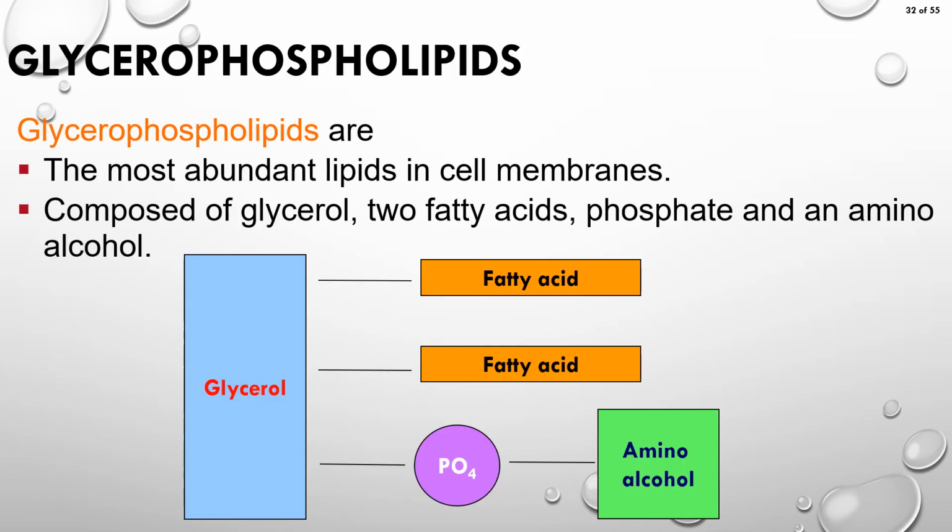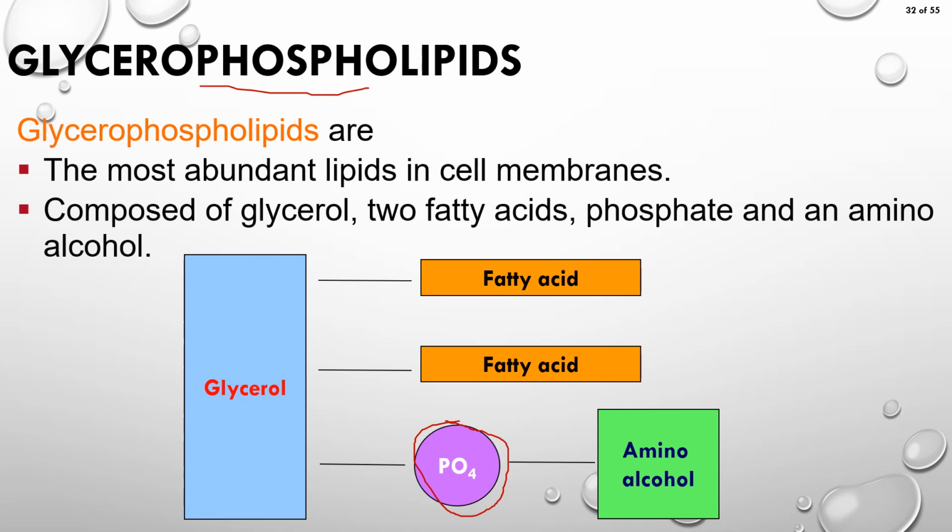Okay, now let's go to the other type of lipids, the glycerophospholipids. So in the middle of the name, you have the phospho. So this comes from the phosphorus, and this refers to the phosphorus down here in the form of phosphate.